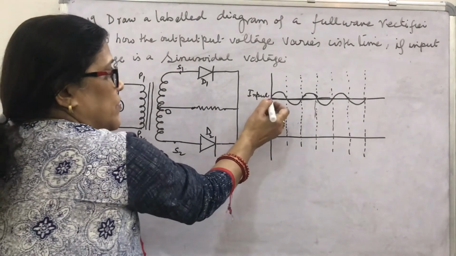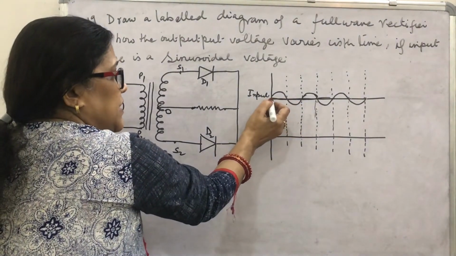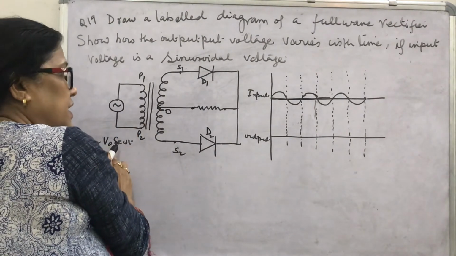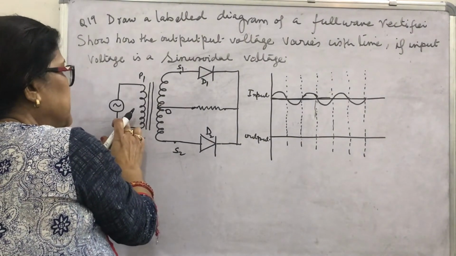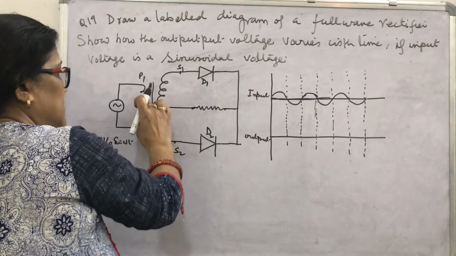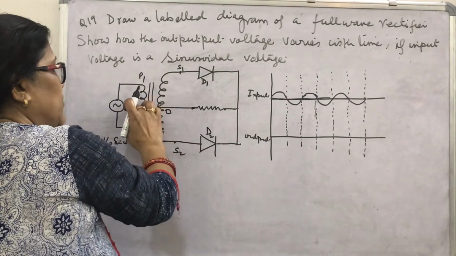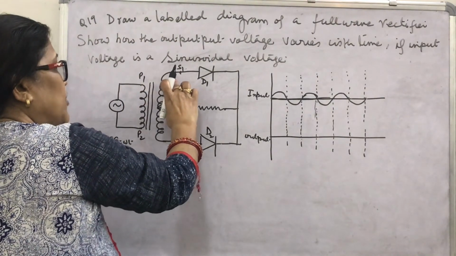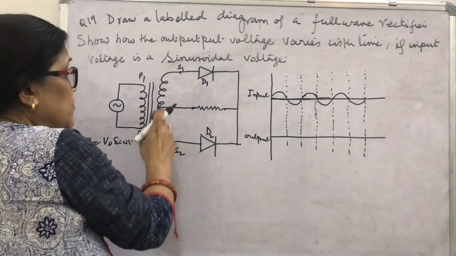You know, for the first half cycle of the input to the primary coil P1 P2 of the transformer, due to mutual induction we get the output voltage across the secondary.